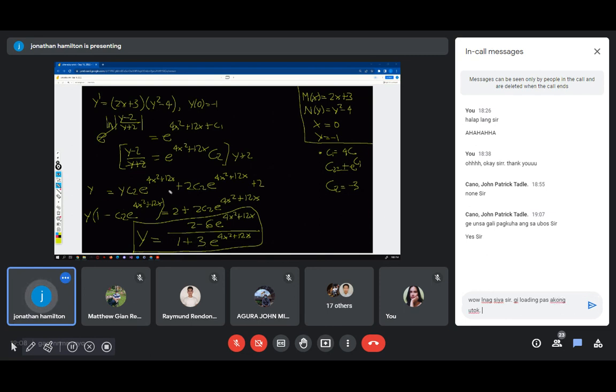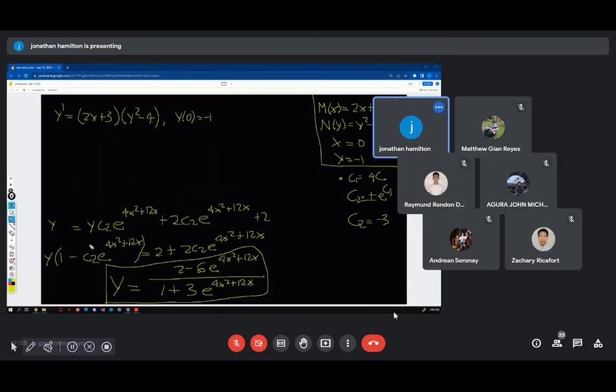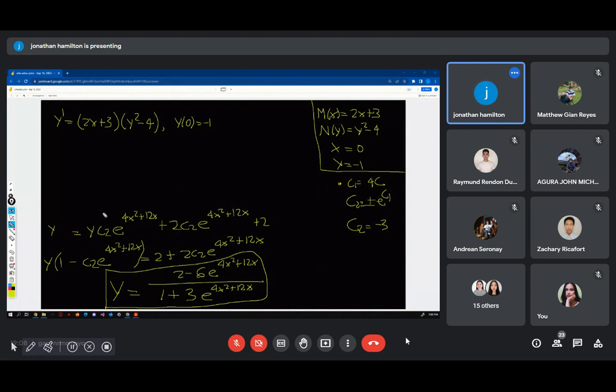Yes, sir. So, pwede natin yung erase para i-elaborate lang gamay. So, erase natin. So, di ba mo itong equation na y is equal to y c2? So, i-transpose nato ang 2 ganina, and then ibalik ang atong y c2 e for x.